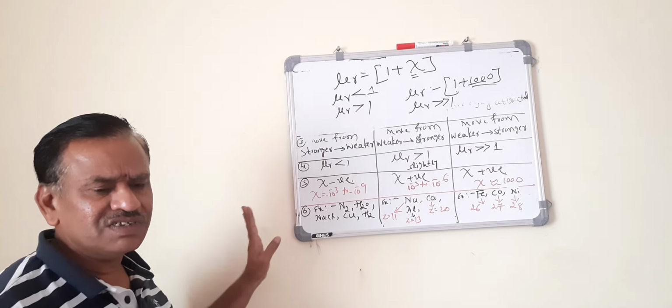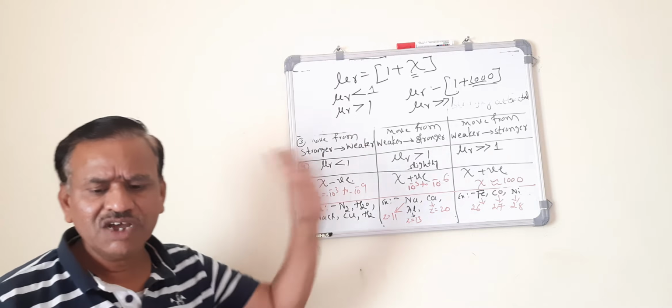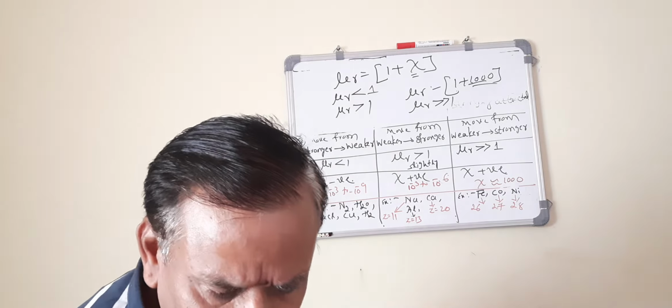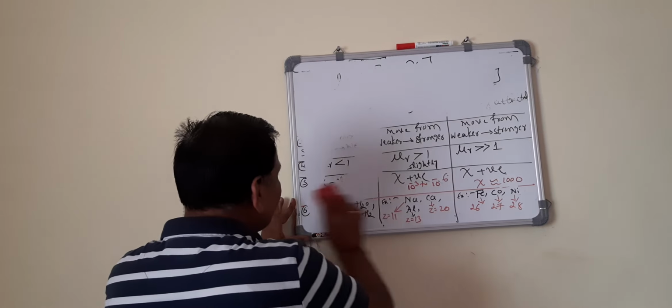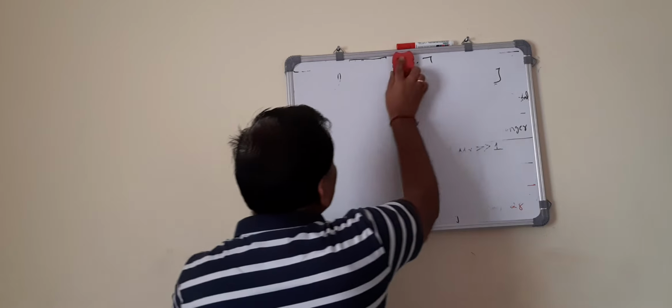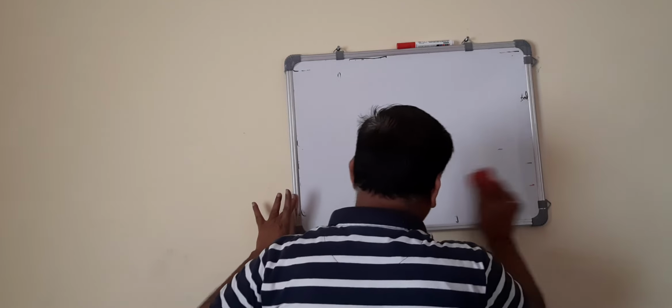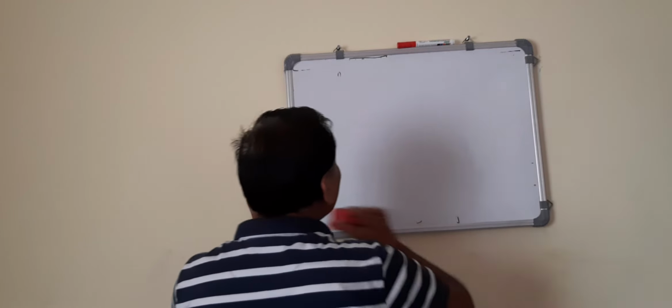Normally there is one question: write the comparison between diamagnetic, paramagnetic and ferromagnetic material. Next, I will discuss the origin of magnetic dipole moment for the diamagnetic material and also for the paramagnetic material. That is called Langevin's theory.